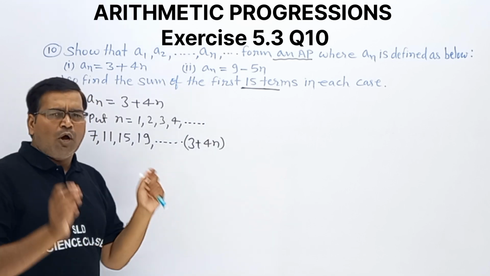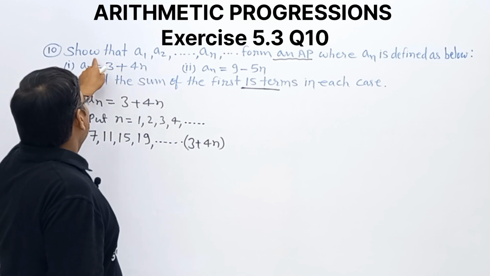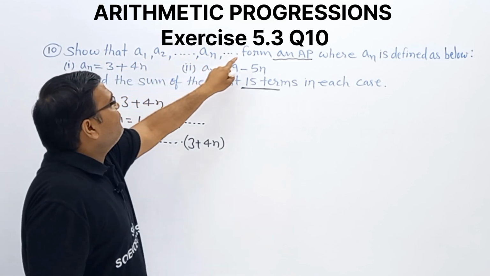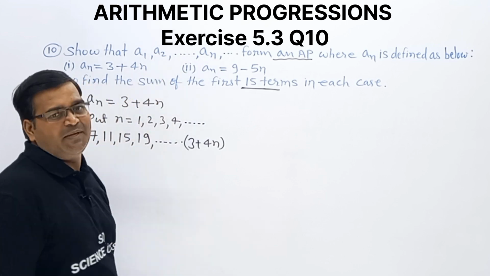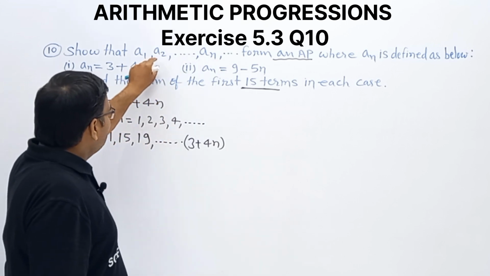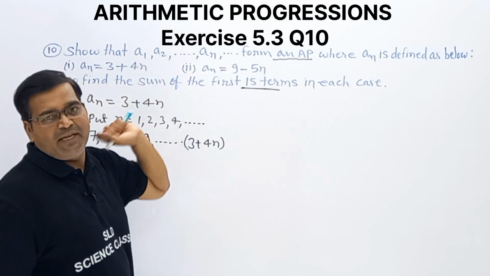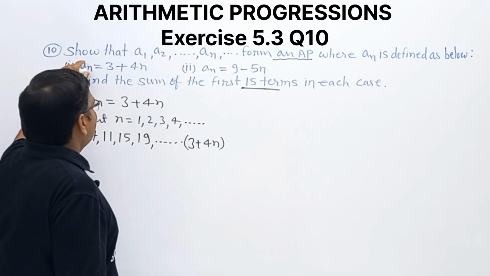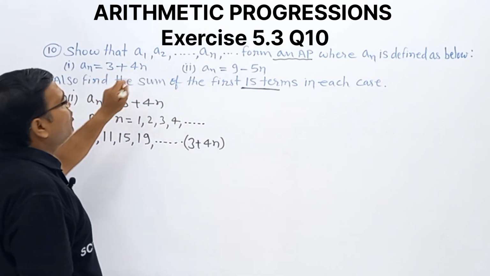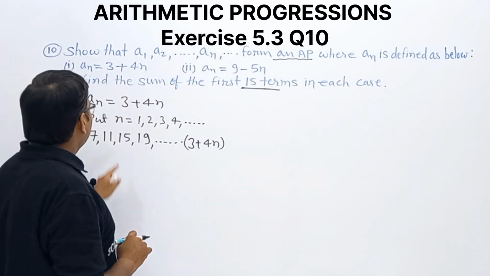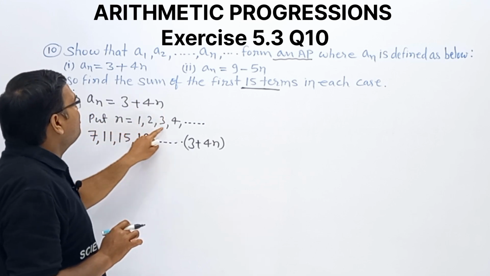This is the AP. Observe, simple question. The question is saying that A1, A2 up to AN form an AP. From this we can say the value of n is 1, 2, 3 up to n, and the nth term AN in the first one is 3 plus 4n.